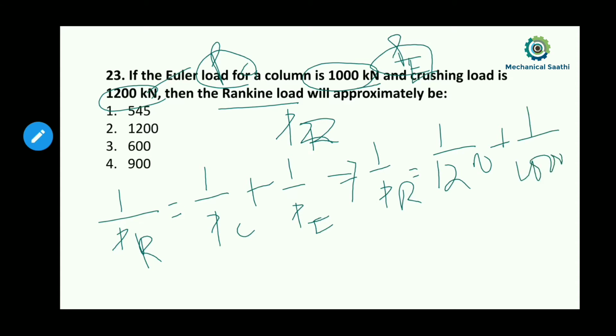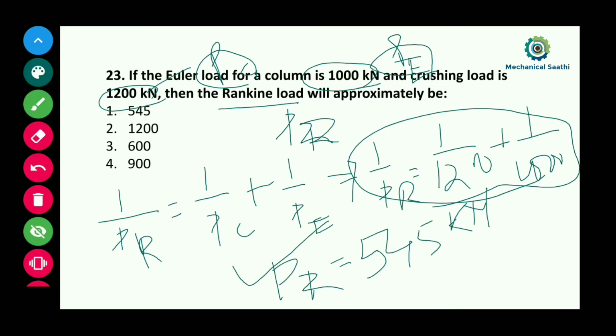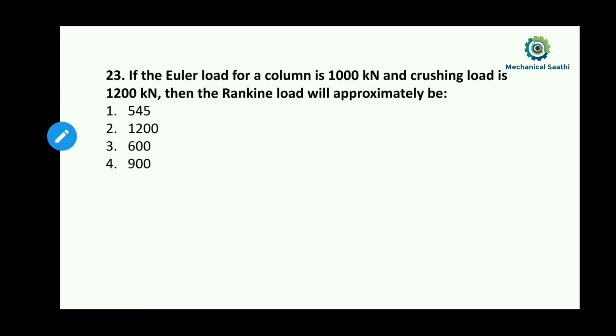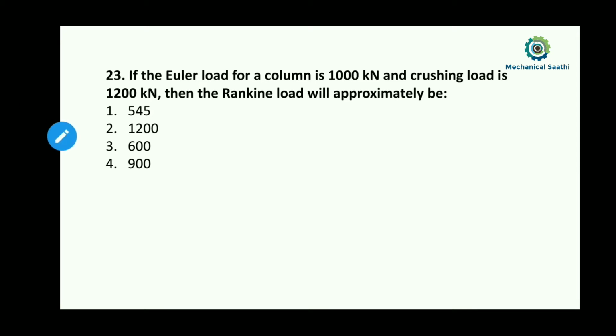If we calculate, PR will be equal to 545 kilonewton. Again it was a simple question, and you need to remember this formula only. If you can remember it, you can find this answer easily. So the answer will be option number 1 again: 545 kilonewton.